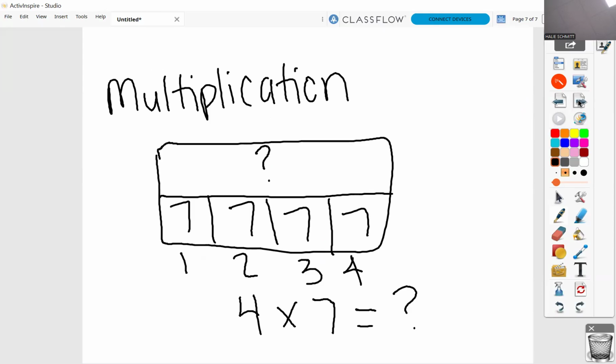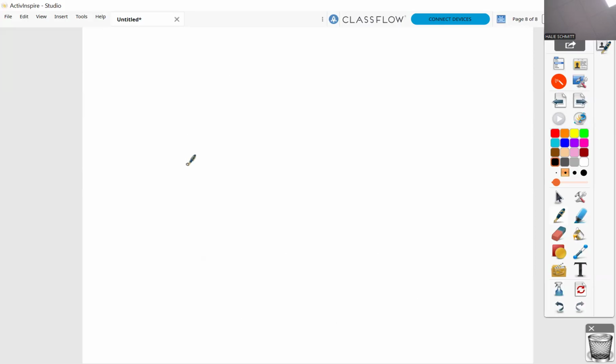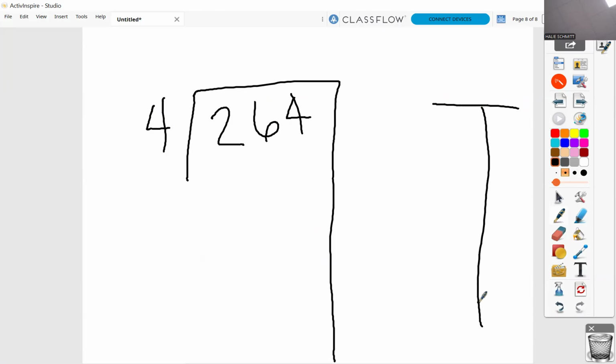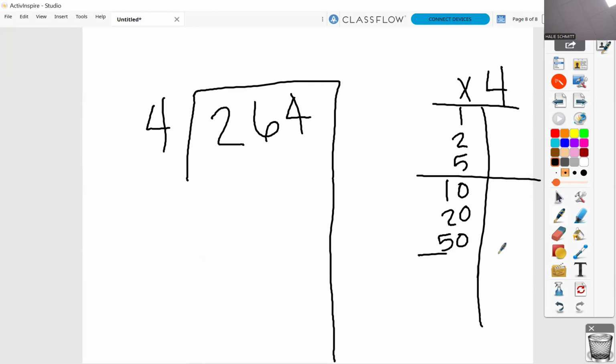Okay. So when we do division, we have our big 7. That means our dividend, our large number, goes on the inside. Our divisor is on the outside, and we make our friendly number T-chart, which is 1, 2, 5, 10, 20, 50, 100, 200, 500.